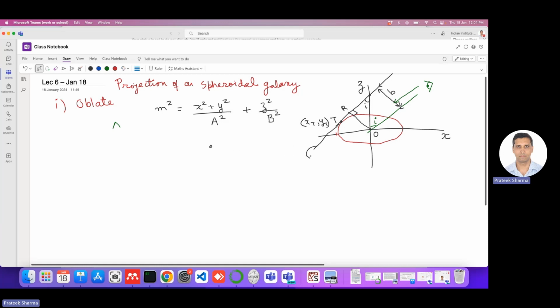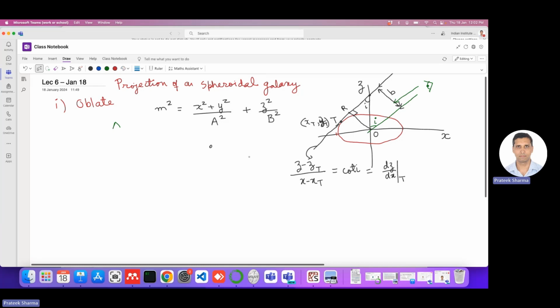The equation of this line is (z minus zt) by (x minus xt) equals cot I, because we are looking at the xz plane. Since this angle is 90 minus I, tan(90 minus I) is cot I. And this is also equal to the derivative at that point on the ellipse, dz by dx at point T.